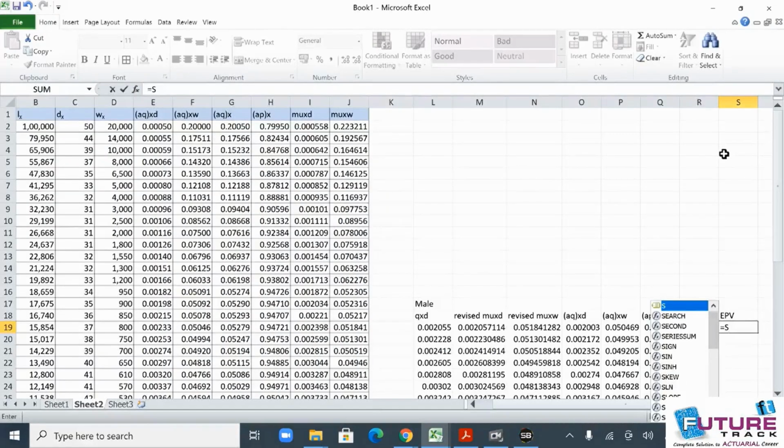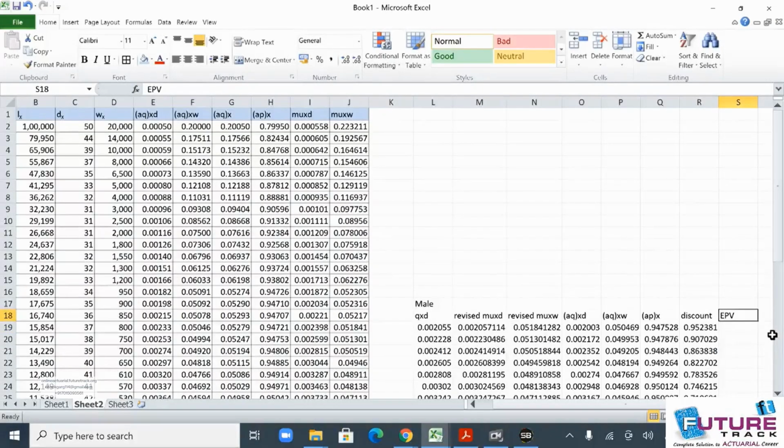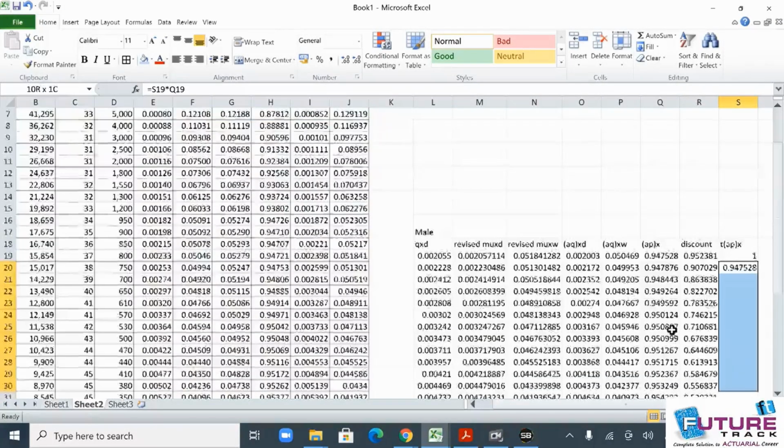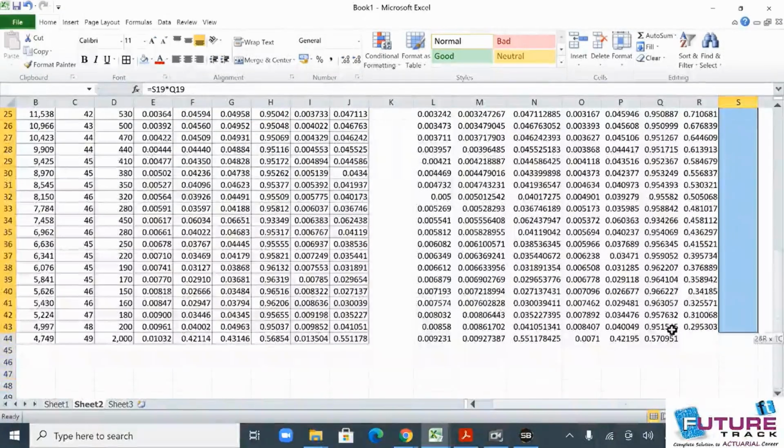The sum assured S into discount factor into, okay class, first one more thing we have to find. We have to find tApx also. So this is one into this value and goes till 59.